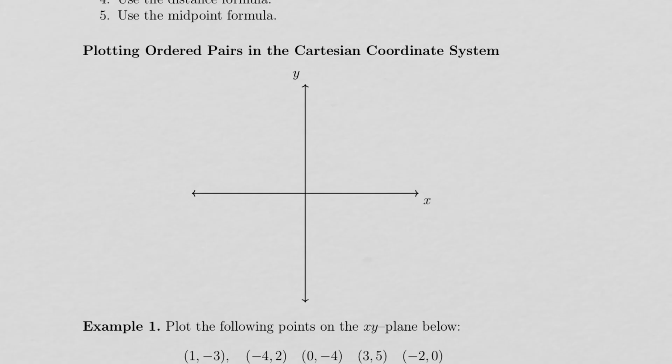It could be like u and v, but typically we use x and y. And they're perpendicular to each other. The center where they meet is called the origin of the coordinate system. So this is the origin, and it has the coordinates 0, 0.